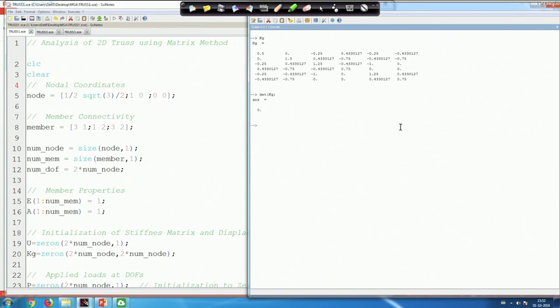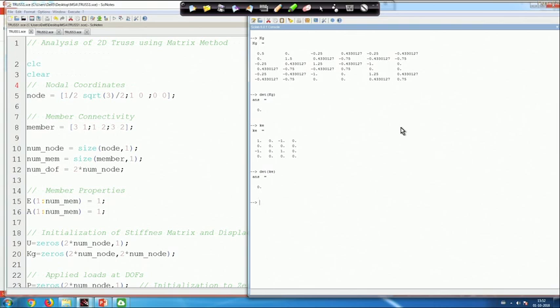Even if you take the element stiffness matrix, say Ke for member number 3, and take its determinant, this will also be 0, which is obvious because it has no information about the constraints provided.